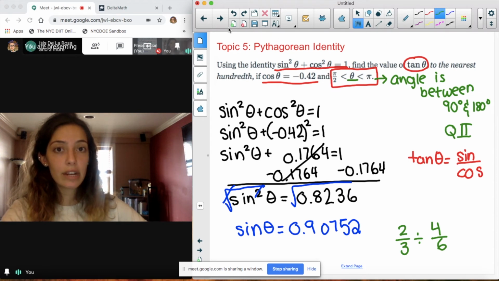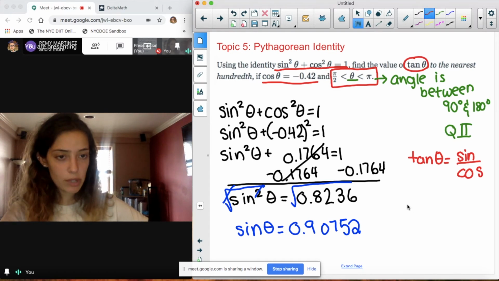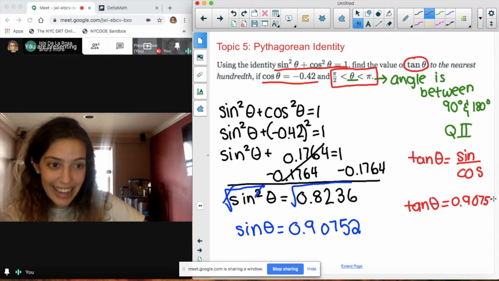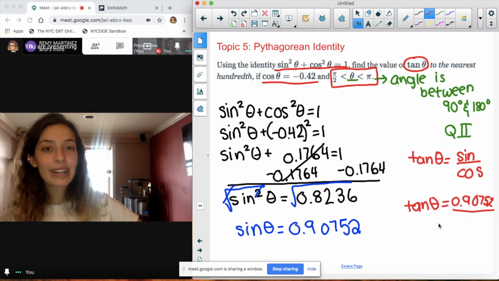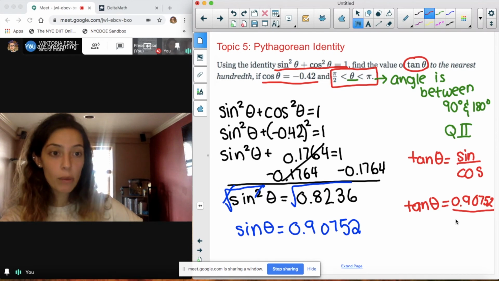That can get very confusing, and we don't want to confuse you. Okay? So, we're given decimals, so we're just going to write it right in. So, tangent of theta is equal to sine. Sine was equal to this. So, 0.90752, divided by cosine, which was negative 0.42.